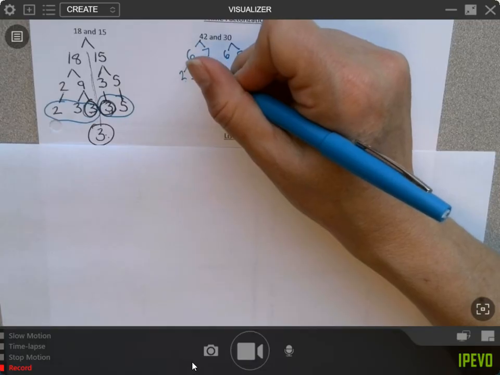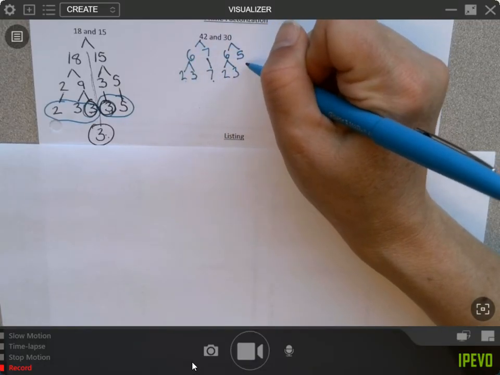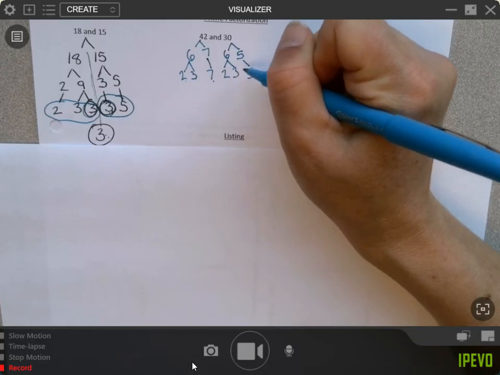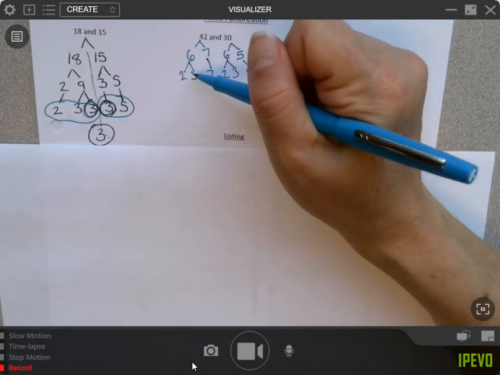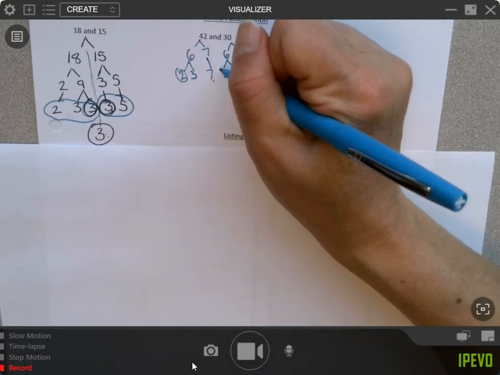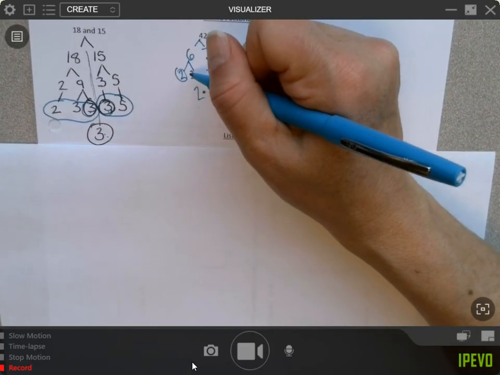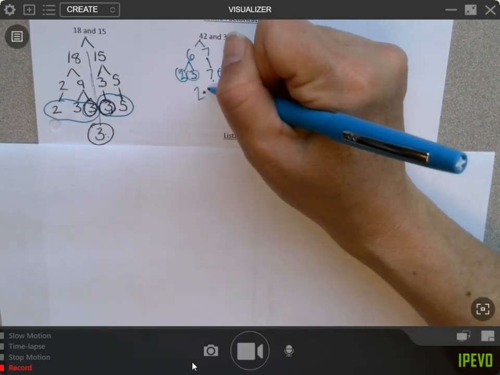Just like we broke the 6 down for the 42, I'm going to break my 6 down with that 30. 5 is a prime. So I have 2, 3, and 7, and 2, 3, and 5. So I'm going to say they share a 2. So I'm going to write my 2. They also share a 3.